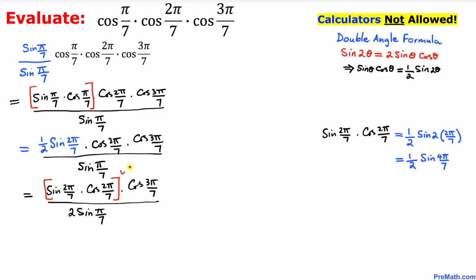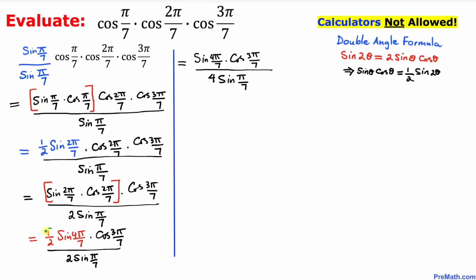So this bracket becomes 1 over 2 times sine of 4 pi over 7, times cosine of 3 pi over 7, divided by 2 sine of pi over 7. Bringing this 1 over 2 into the denominator, 2 times 2 becomes 4.